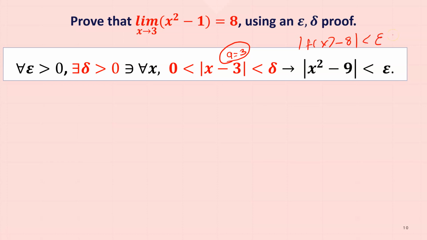So x squared minus 1 minus 8 is x squared minus 9. And that is how we got x squared minus 9.